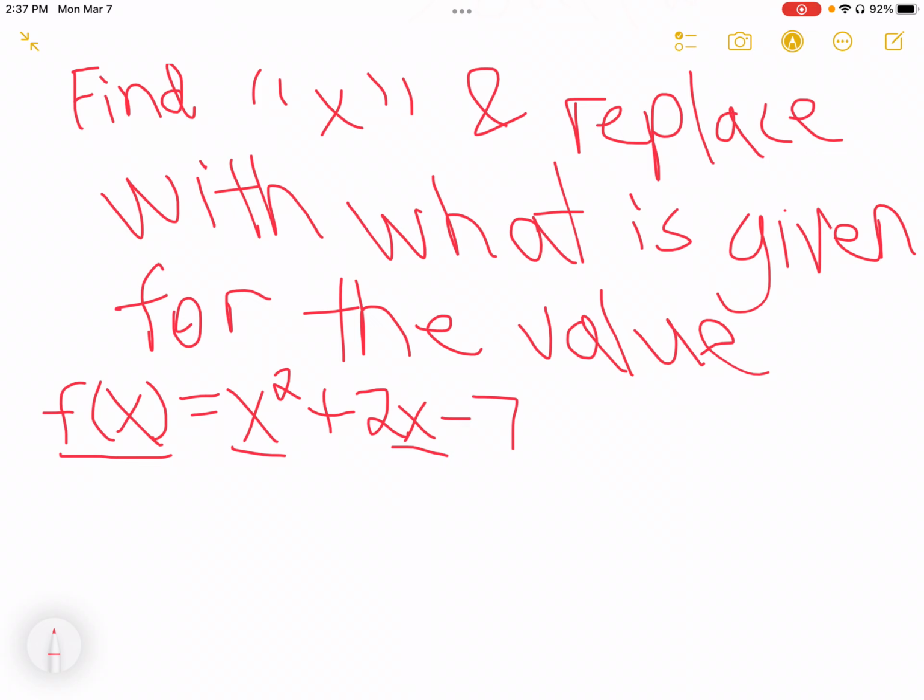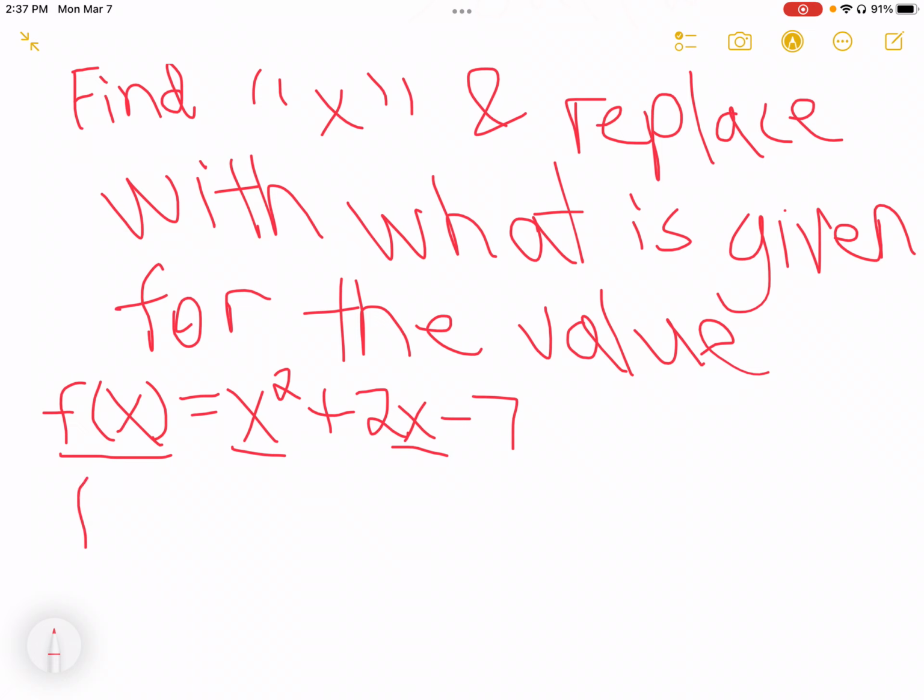So x squared just means putting something to the power of 2, or if you put 2 there, for example, then you have 2 to the power of 2, and this next part plus 2 times whatever value of x you had, and then minus 7, and that would give you a result.